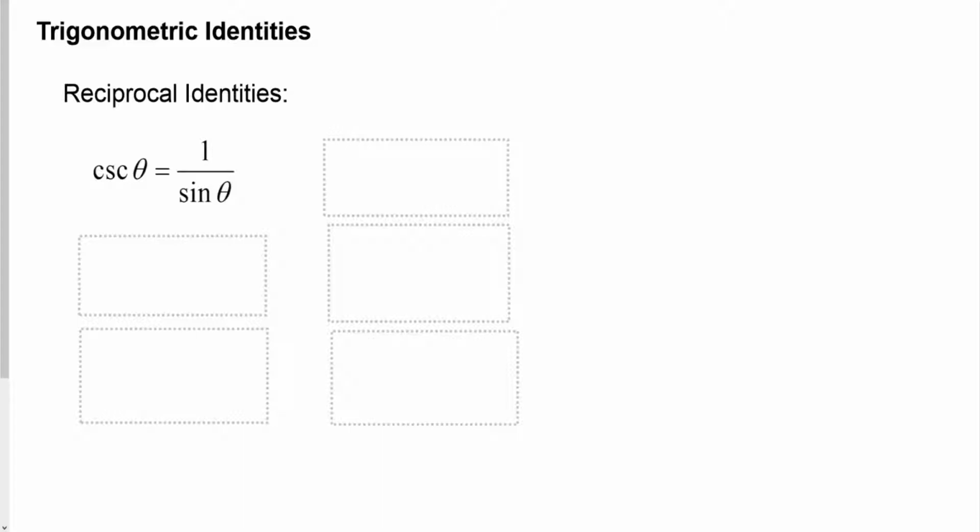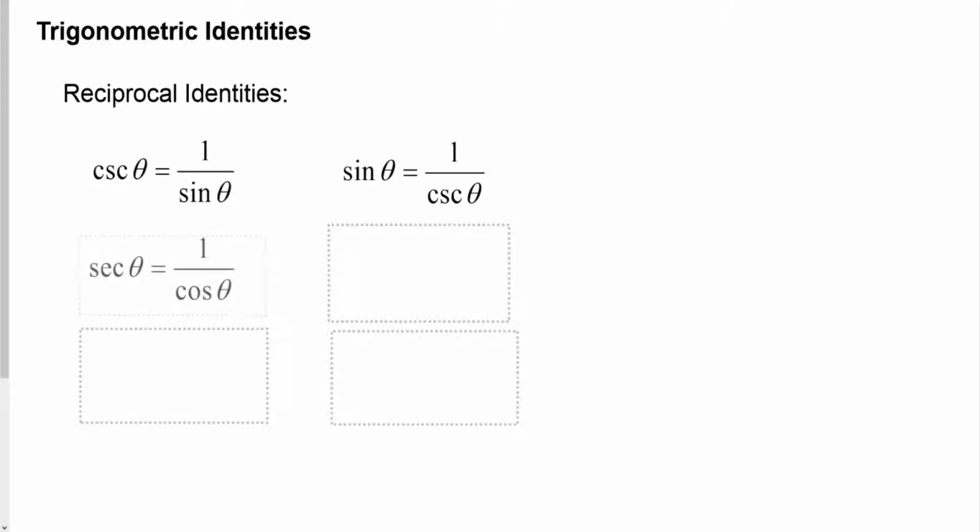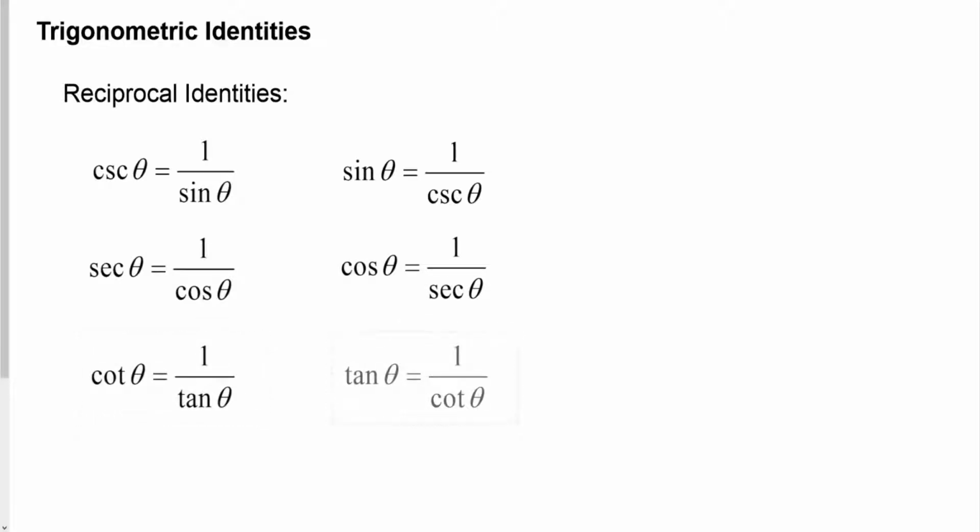Most people don't really need to know that as a formula, but just remember how sine and cosecant are related to one another. The reverse is true as well. If you take 1 over cosecant, the result is sine. Cosine and secant are related in the same way, and cotangent and tangent have the same reciprocal relationship.